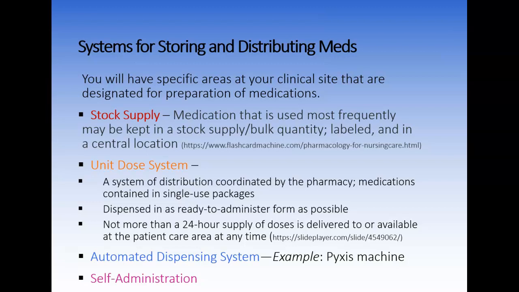Then we get that from the Pyxis, and there's even an example of self-administration. The easiest way to talk about that would be if you've ever been at the hospital and one of your family members has what they might call a pain pump. They're post-operative and have a lot of pain, and they have a narcotic through a patient-controlled analgesia machine, a PCA.